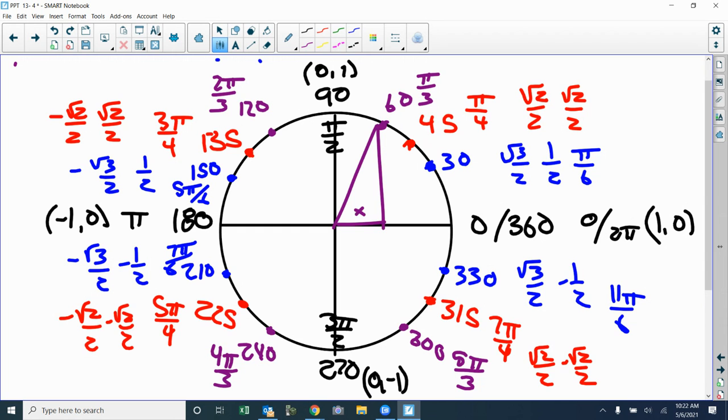Now your short side is the x, your long side is the y, so this is going to be 1/2, square root of 3 over 2. Over here, your x will be negative half, positive square root of 3 over 2. Down here is negative half and negative square root of 3 over 2. And 300 is going to be positive half and negative square root of 3 over 2 for your x and y coordinates.